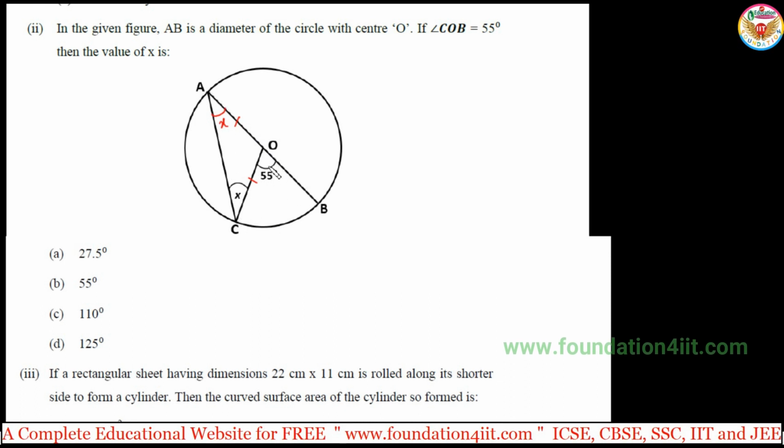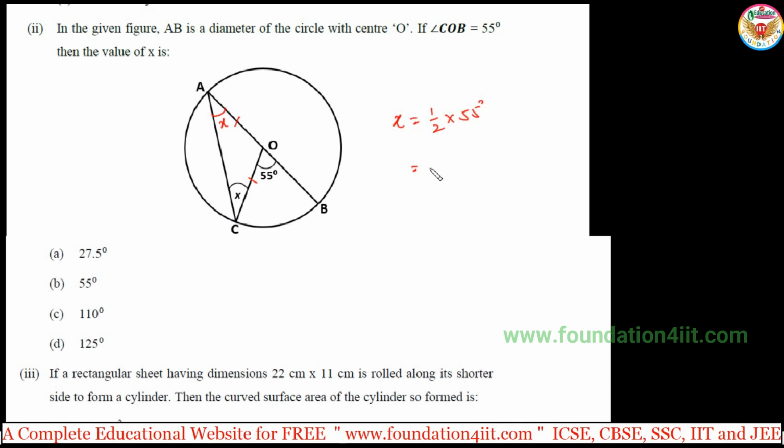So 55 must be double this x. So x should be half of the 55. X is equal to half of the 55 degrees, because angle subtended by an arc at the center is double the remaining part of the circle. Okay, x value is half of the 55, that is 27 and half, so 27.5 degrees. So option A. So mostly the properties type of questions they're asking.